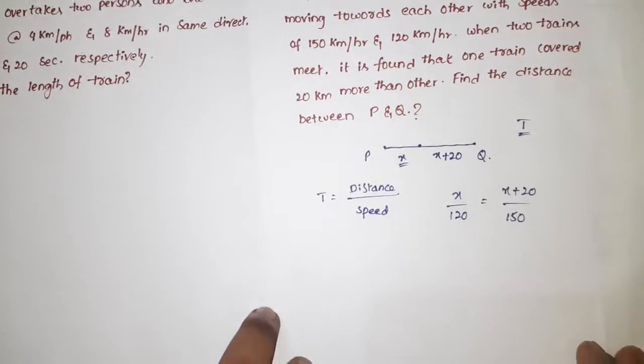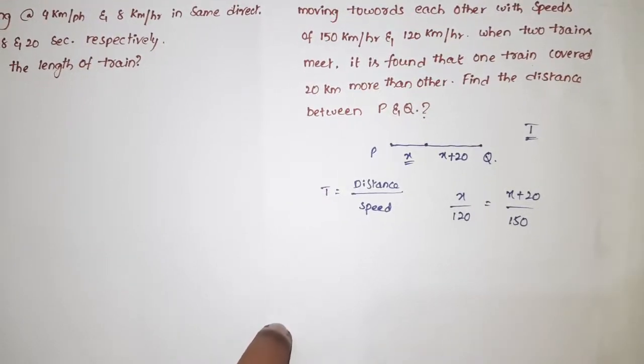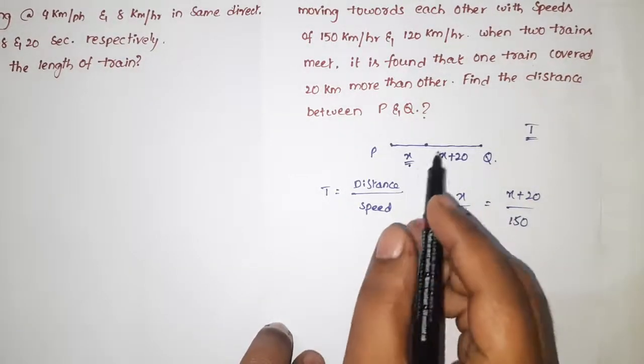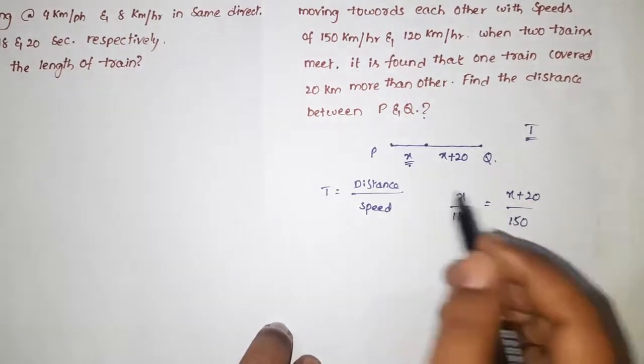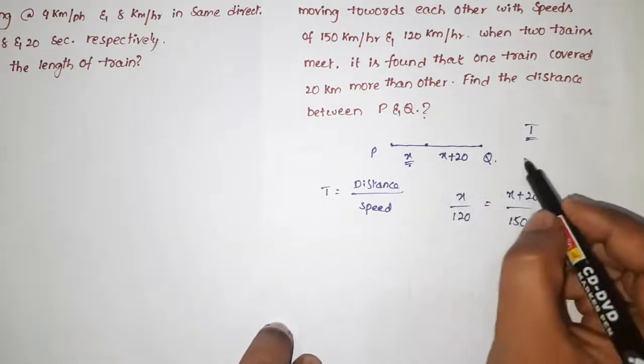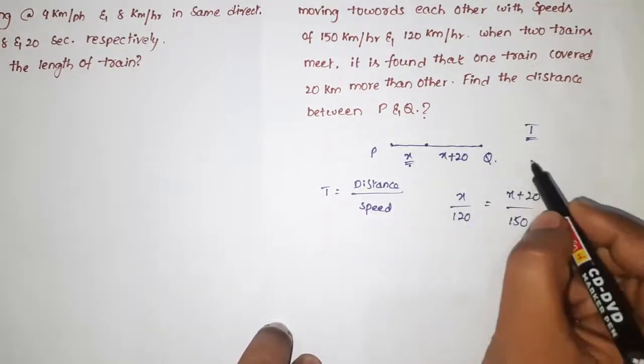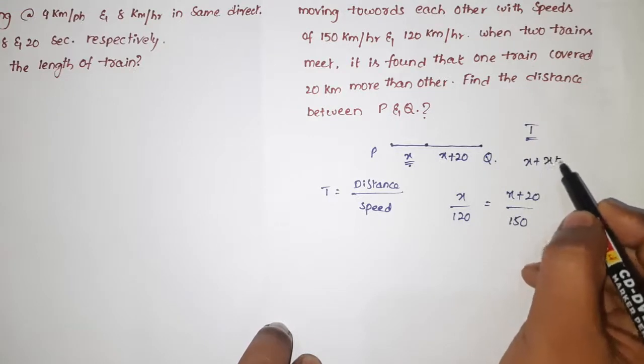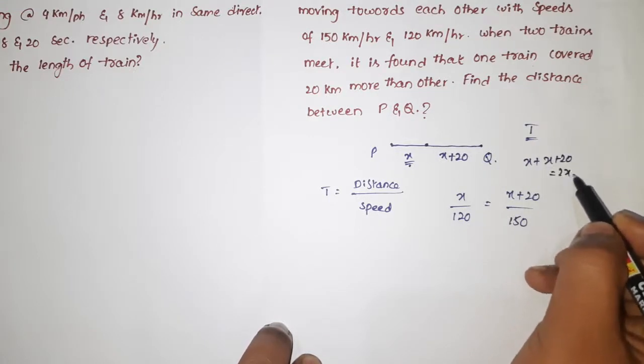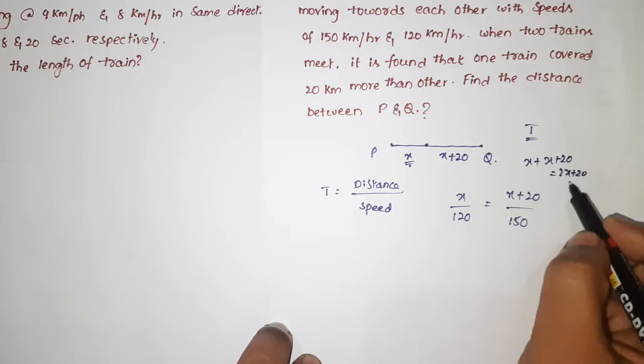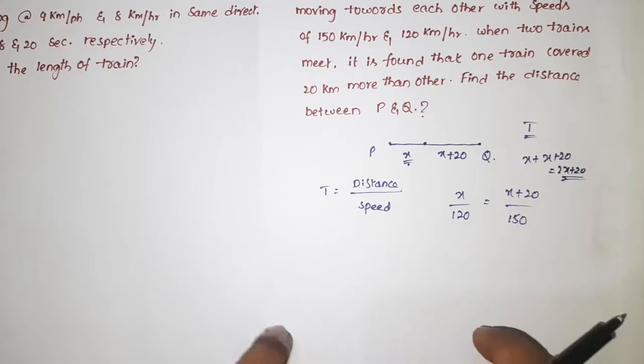If we solve for x, we will get the value of x. And what is x? Distance traveled by train 1. So what is the total distance between P and Q? x plus x plus 20, that is 2x plus 20 will be the final answer.